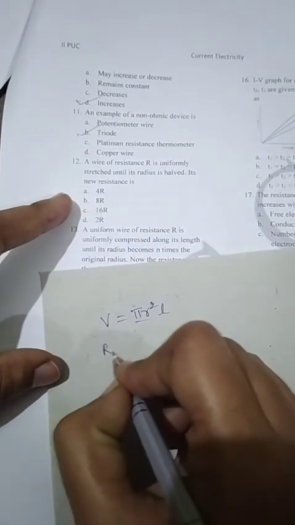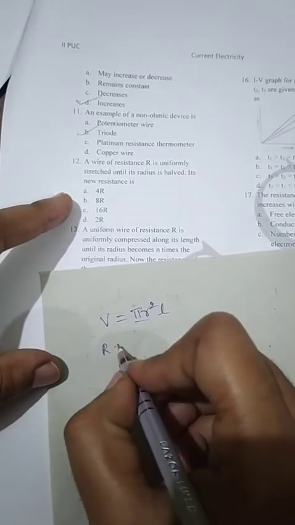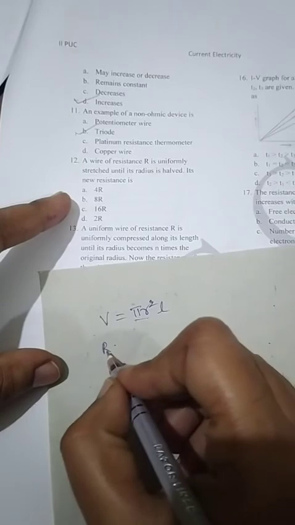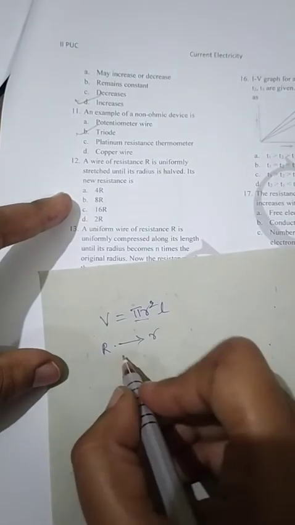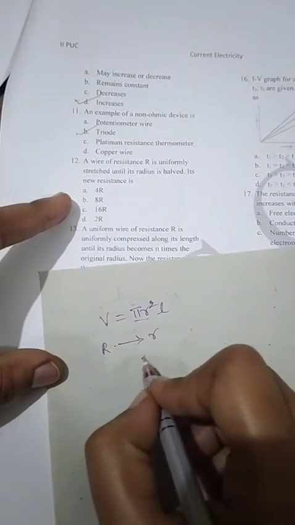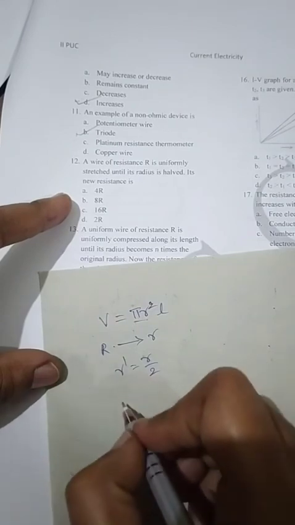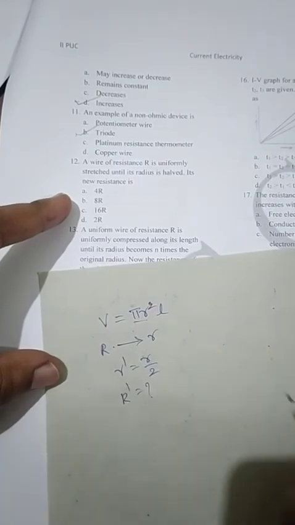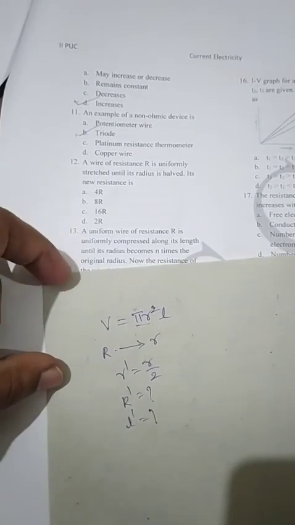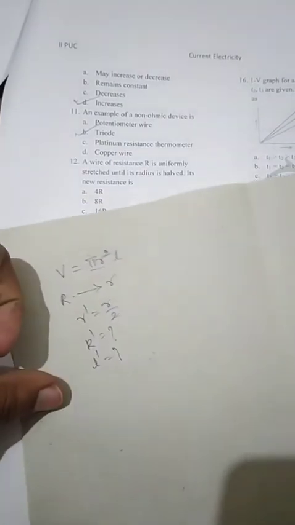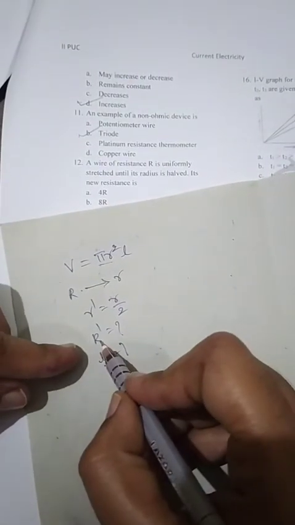If its radius is halved, r dash equals r by 2. To find the new resistance, I don't know the new length, so I want to find L dash first and then R dash.